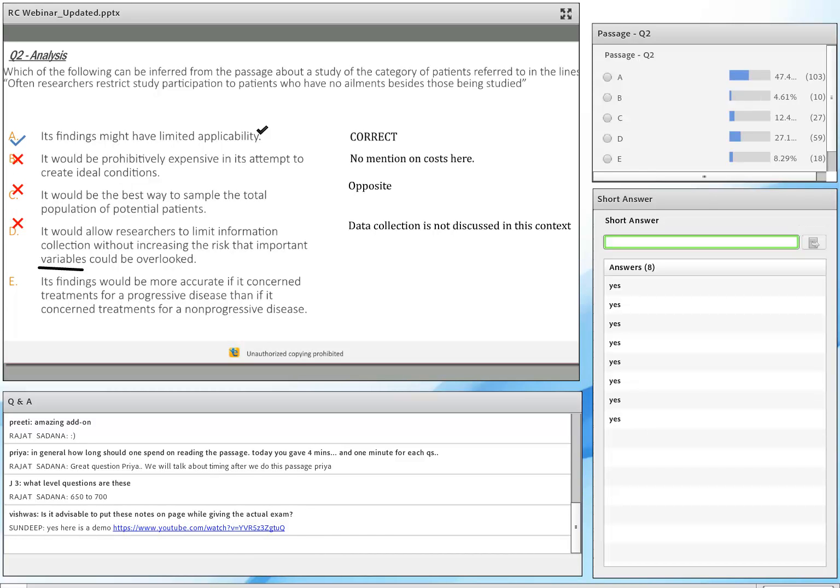And choice E, which not many of you chose, says its finding would be more accurate if the concerned treatments of progressive versus non-progressive, again, is not in this context at all. Hence the only option that is correct is choice A. And only one can be correct, by the way.